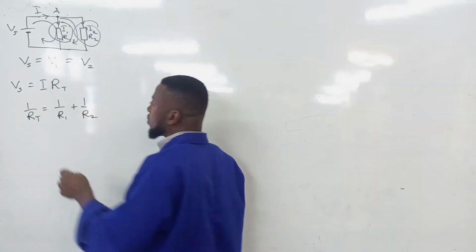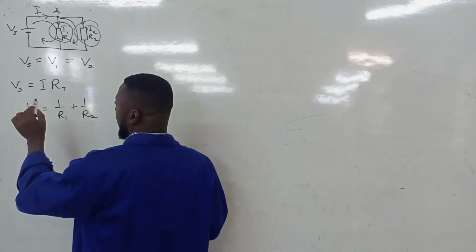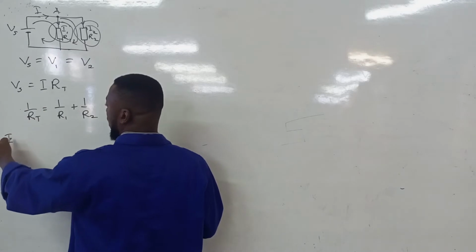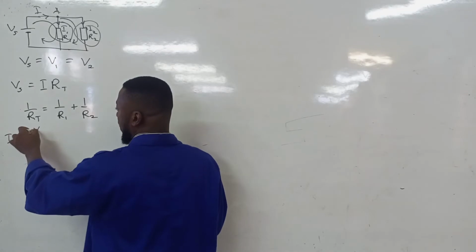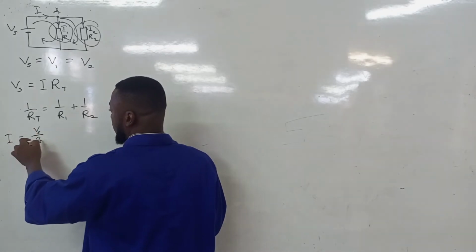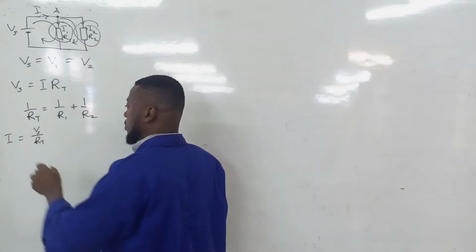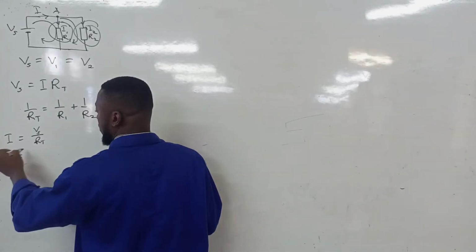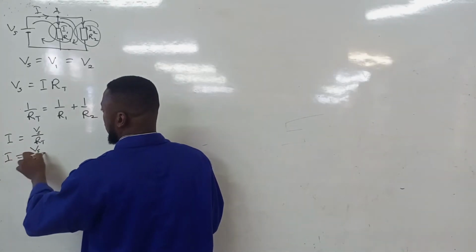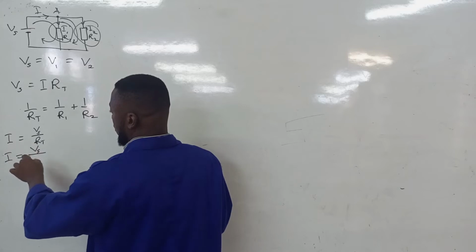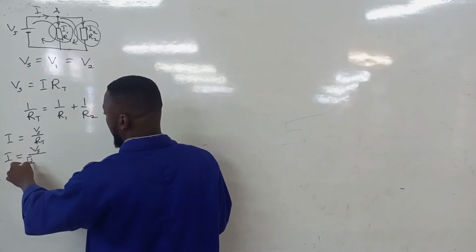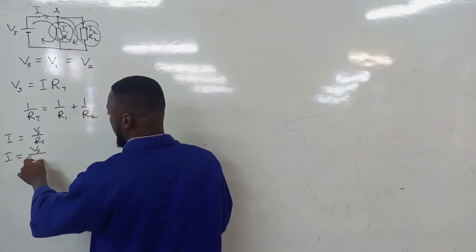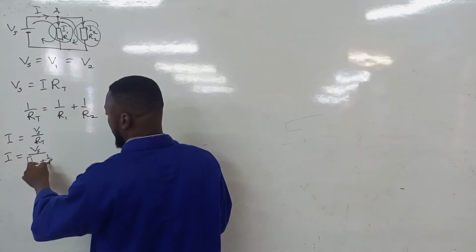So if you want to find the current in the circuit, it will be I equals Vs on RT, which is IR1 plus IR2.